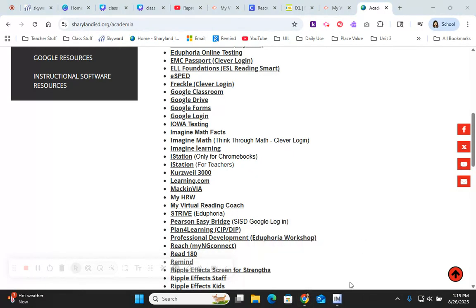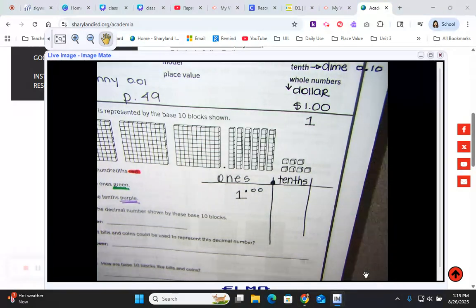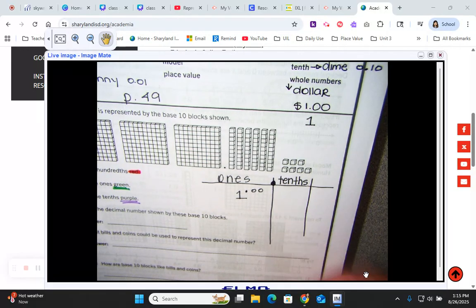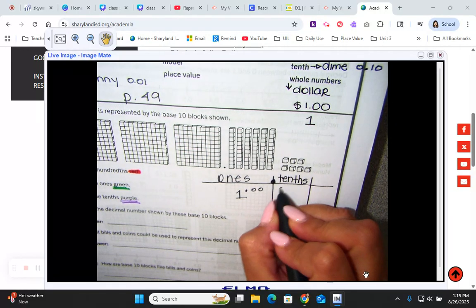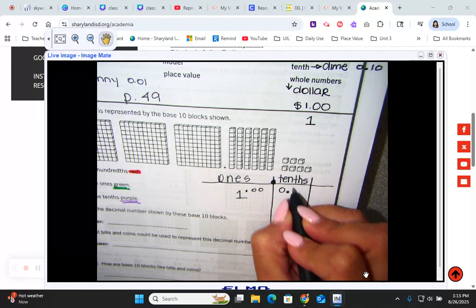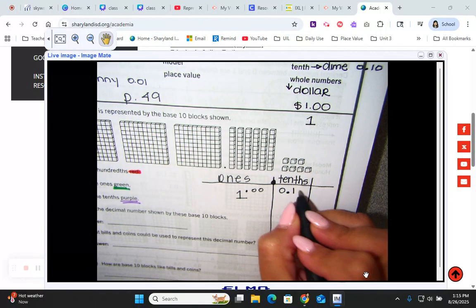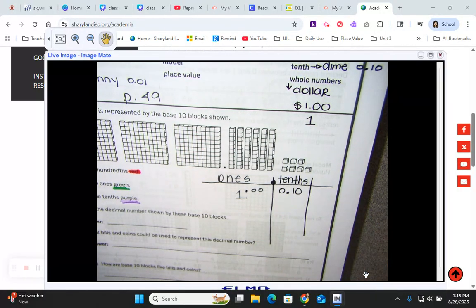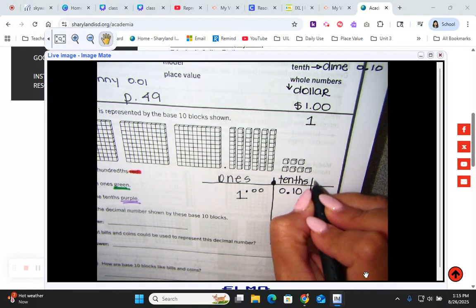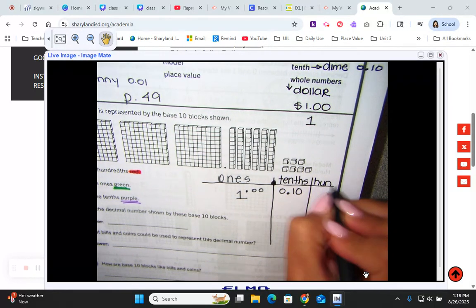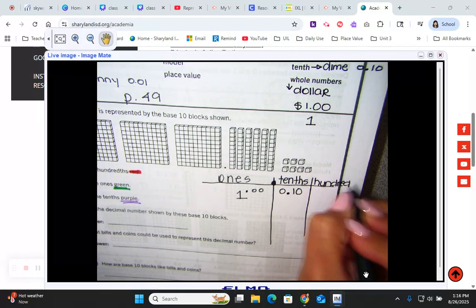Smaller than my dimes is my tenths. Now to write a tenth, I write 0.1, but I could also write 0.10. It does not change the value of my number. Smaller than a tenth is, very good, hundredths.